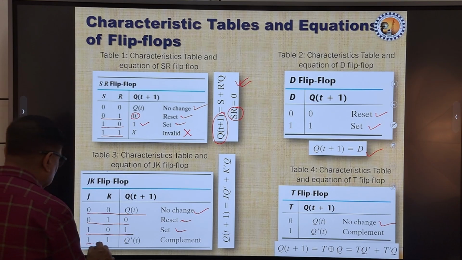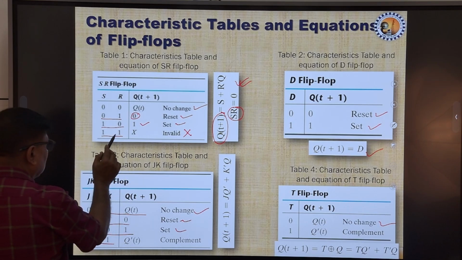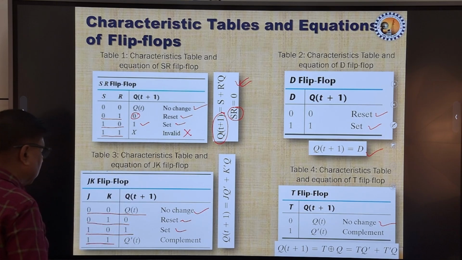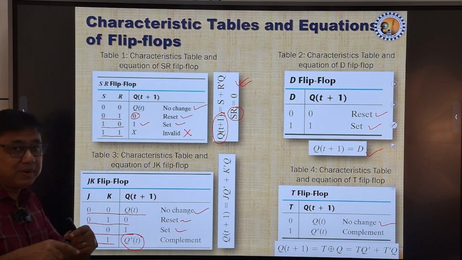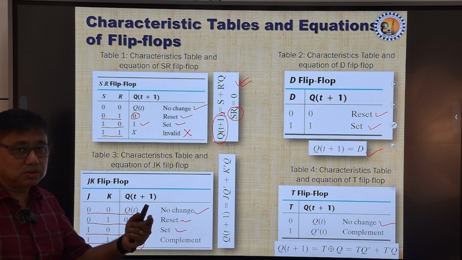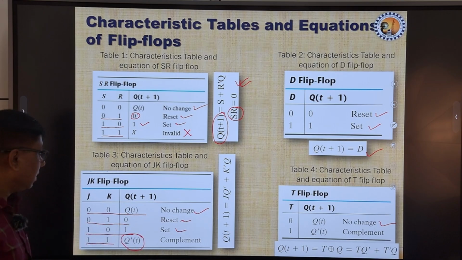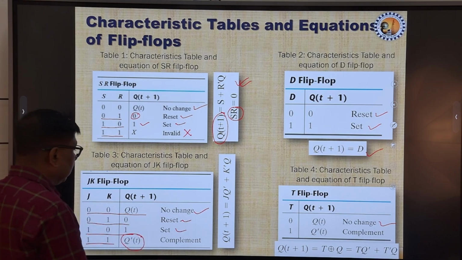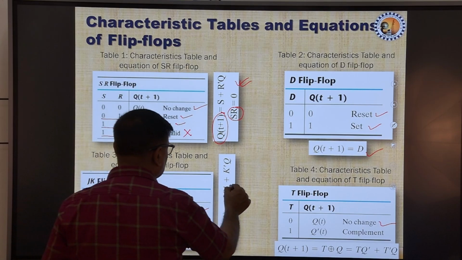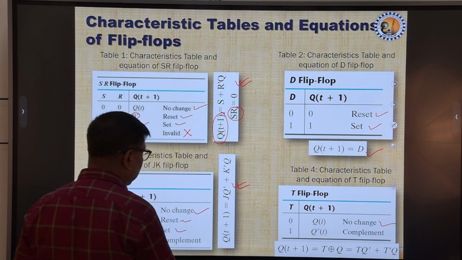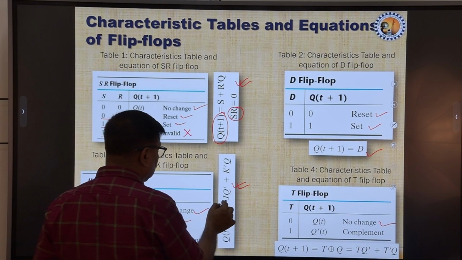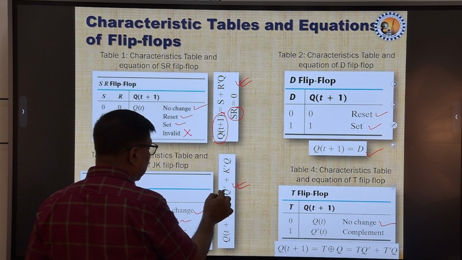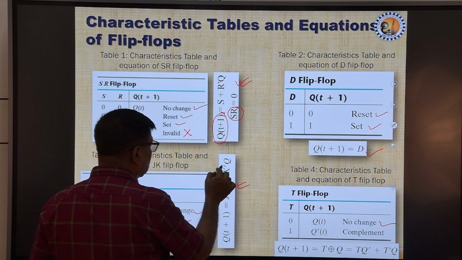But the 1 1 condition, which I have already told was an invalid condition in the case of the SR flip flop, is now a valid condition, and this represents the complement, that is, if the previous value was 0, the next value will be 1 and vice versa. And this is the characteristic equation of the JK flip flop. We need to remember this very important equation, Q(t+1) equal to J Q bar plus K bar Q.